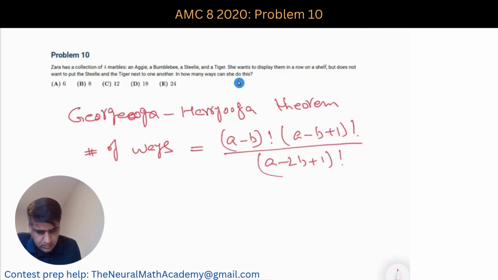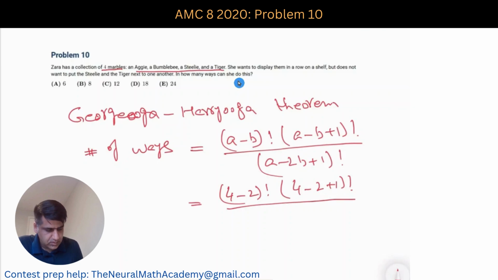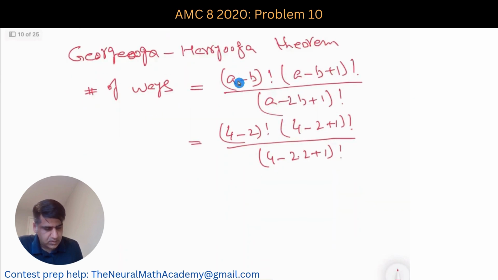So we have 4 marbles, so there are 4 distinct objects. And B is basically how many objects are not next to each other. So then I can simply apply it: (4 minus 2) factorial times (4 minus 2 plus 1) factorial, divided by (4 minus 2 times 2 plus 1) factorial.